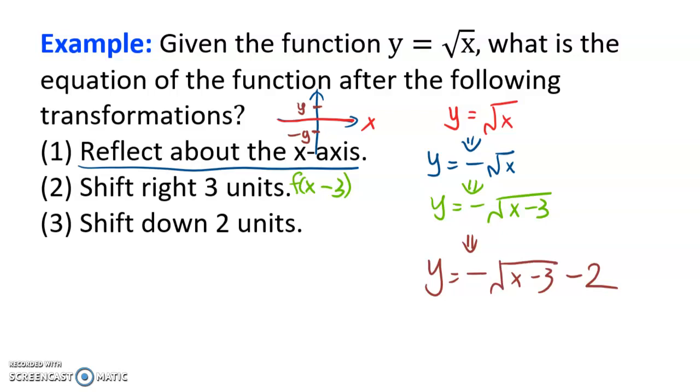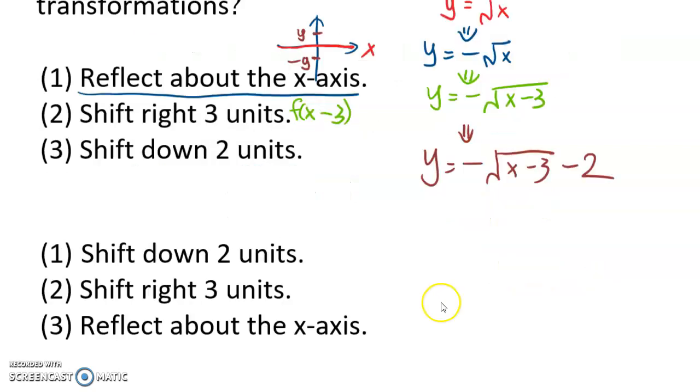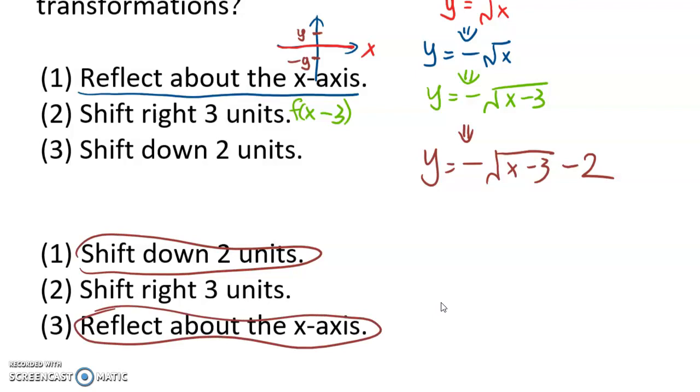Now I want to switch the orders a little bit and see if there's any difference in the result. I'm going to replace the first action with the last transformation and see if we will end up with the same equation.